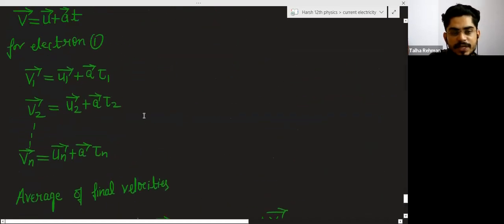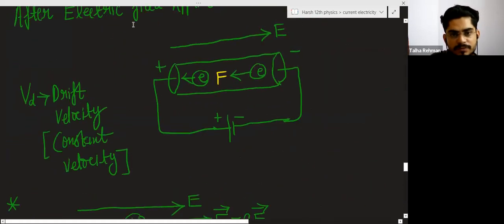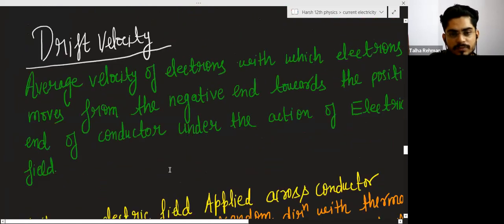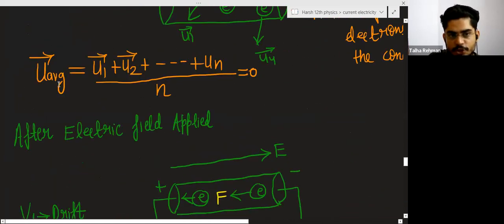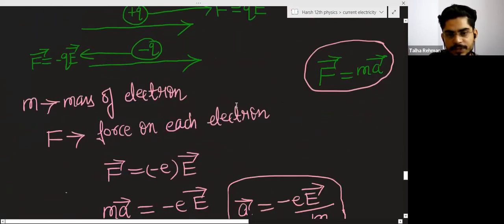And what is this? This is the initial average velocity, u average. U1, U2, U3 average is equal to 0, so this term is 0.